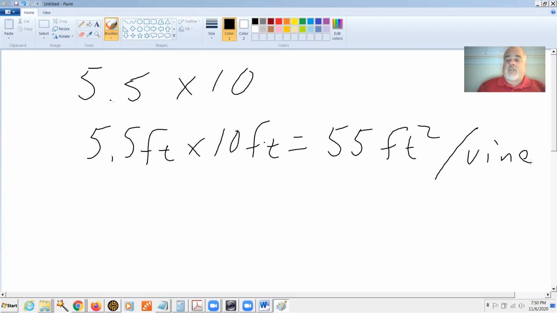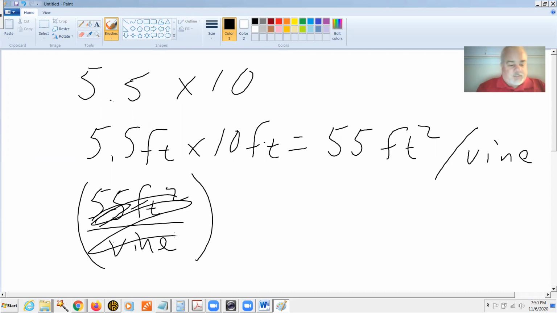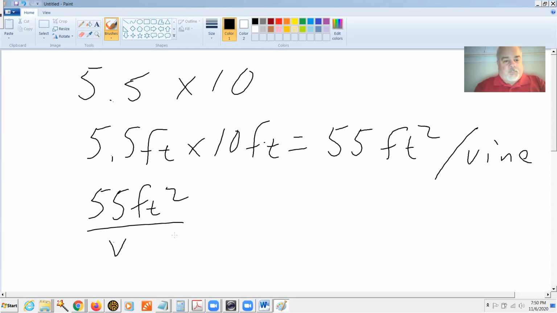That's it. Just multiply the two numbers. And that tells you how many square feet per vine. And if I have 55 square feet per vine, oops, scratch, let me do this. What do I want?